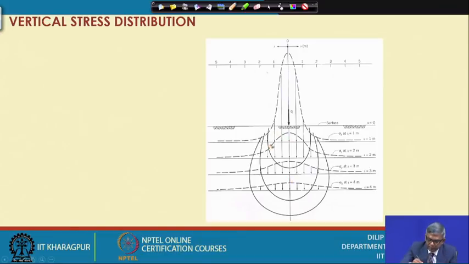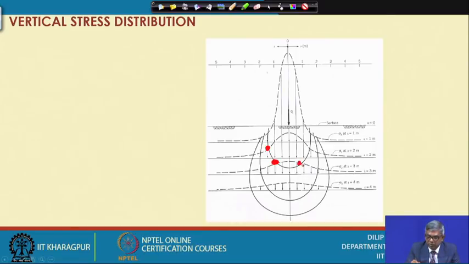So, maybe the intensity of stress here and the intensity of stress here is equal, because you can see here r is less and z is more, but here z is less, but r is more. Here z is more, but r is less. Because of this, for a particular combination, whatever stress is at this point, this point also has the same stress.